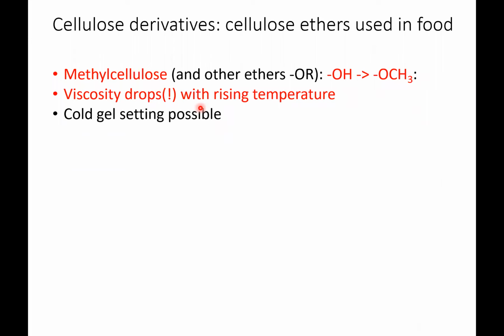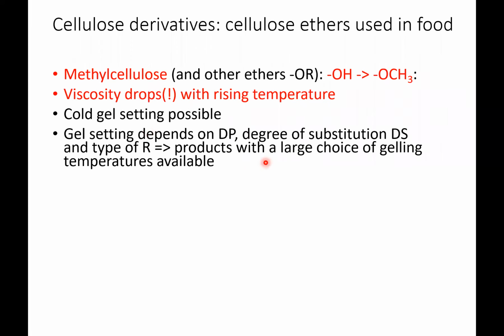You can have, with this behavior, a cold setting gel. It depends on the DP, on the length of the chain, but also on the degree of substitution and on the type of the substituent here. Degree of substitution means how many of these OH groups have been made into OCH3 groups.